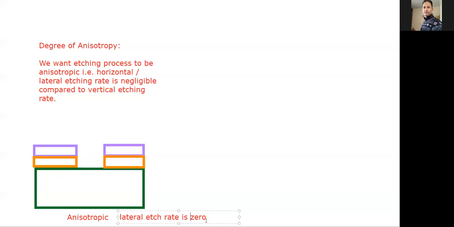Now let's say that our etching is not anisotropic, and rather it is isotropic etching. Okay. So what happens in isotropic etching? You will have etching in vertical direction as well as lateral direction.